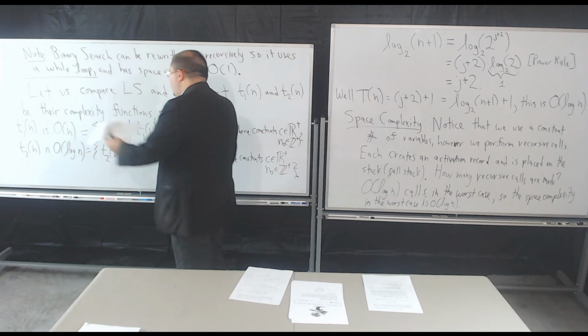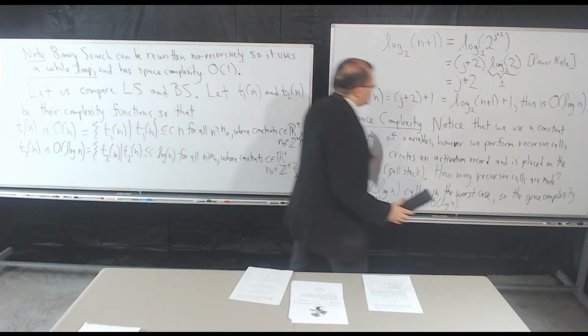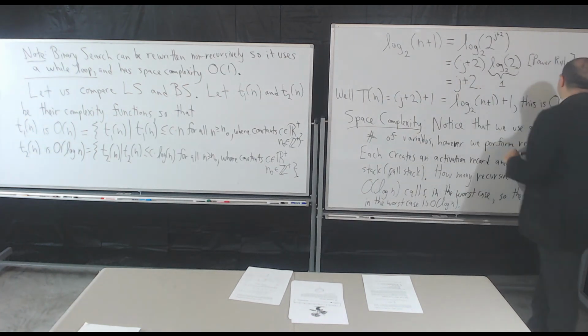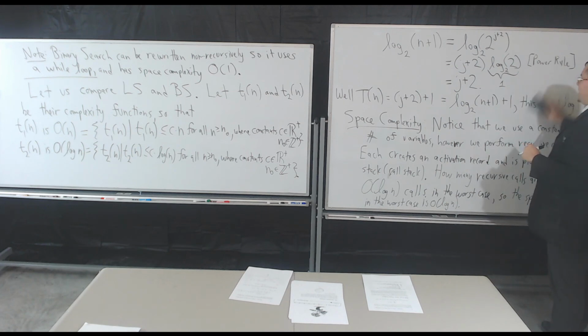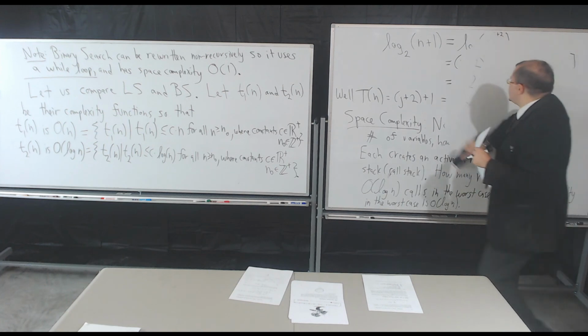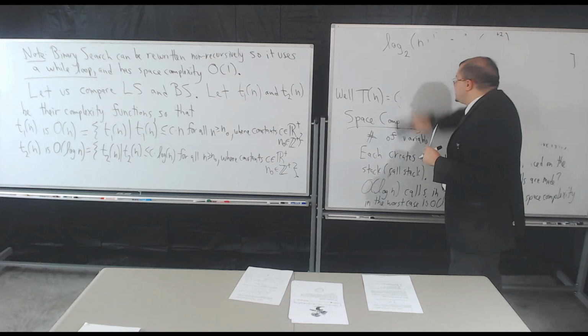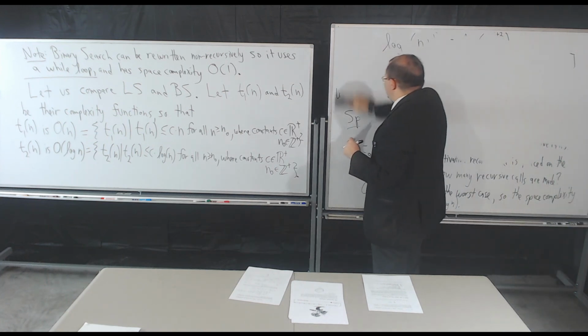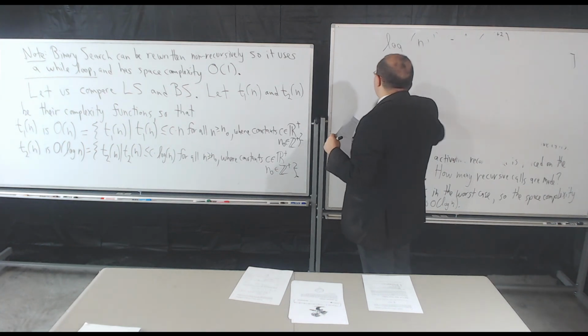So imagine I formulated T1 and T2 before I throw the big O in. Like I did over here, I created some sort of function. So I have these two things here, one for linear search, one for binary search.